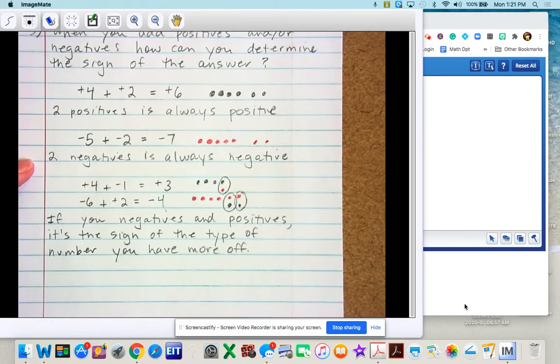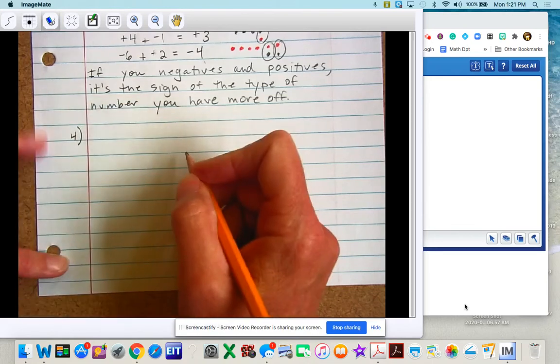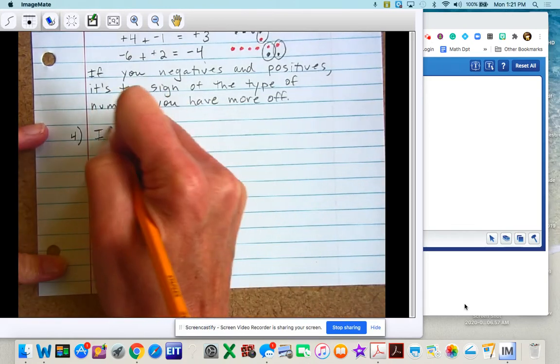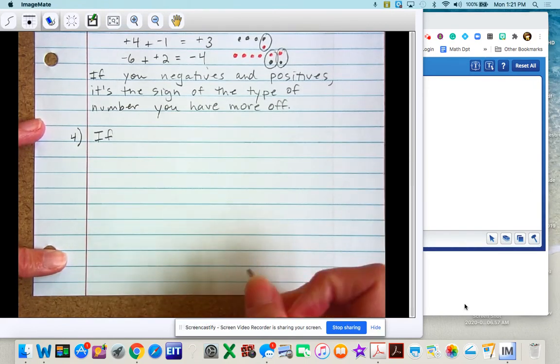Okay, and then one more big idea. Let's write this down. It's number 4. We're going to develop more of the subtraction rules, but one of the things getting us there was something that we were supposed to notice.